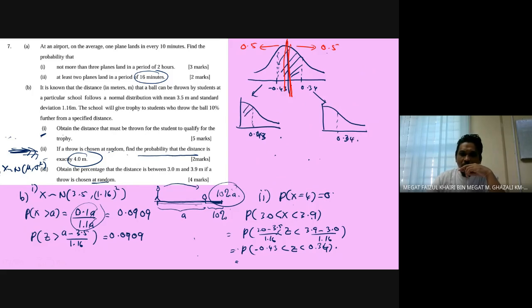So we got here and here. This is 0.5, 0.5 plus 0.5 equal to 1. So then let's find out the probability of Z greater than 0.43 and the probability of Z greater than 0.34.